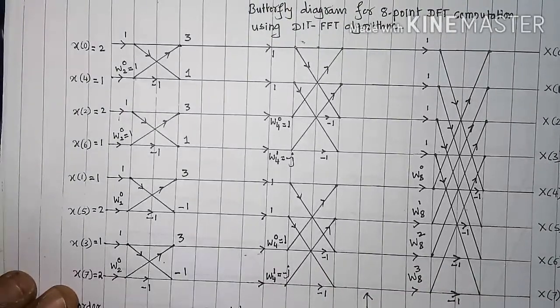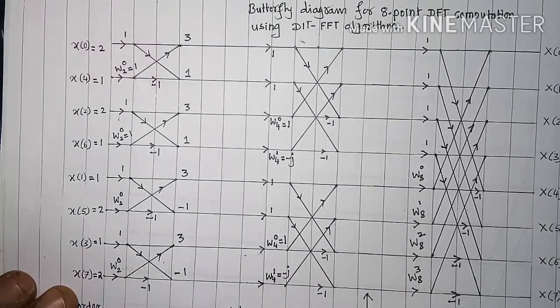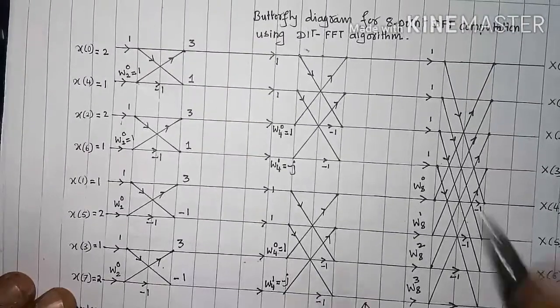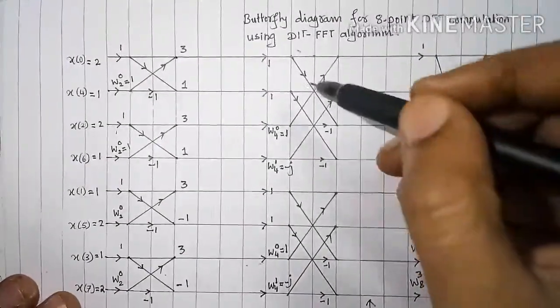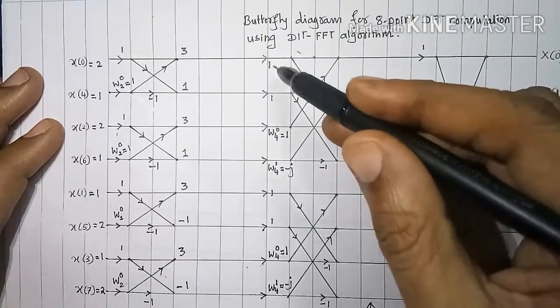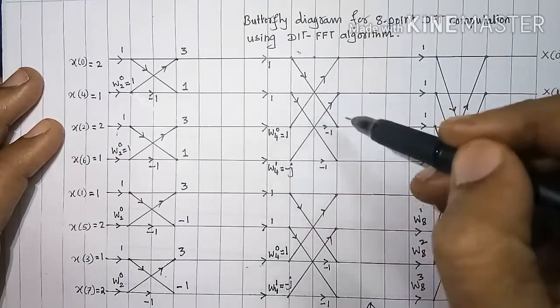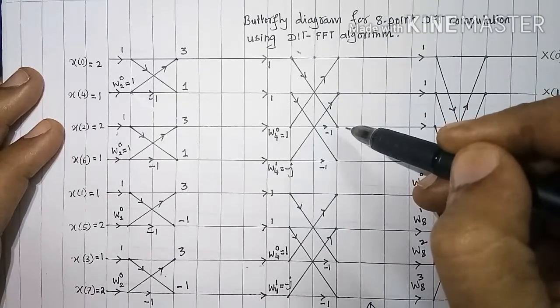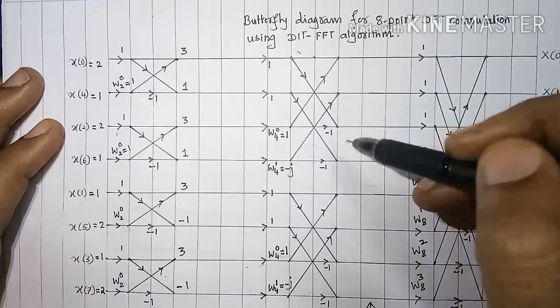W4 raised to 0 is 1. Now we will combine the 2-point DFTs obtained to get 4-point DFTs.